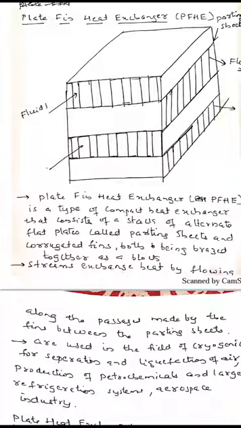Thus, the parting plates separate the two fluids, hot and cold, on either side. The parting plates act as primary heat surfaces, whereas the fins act as secondary heat surfaces.